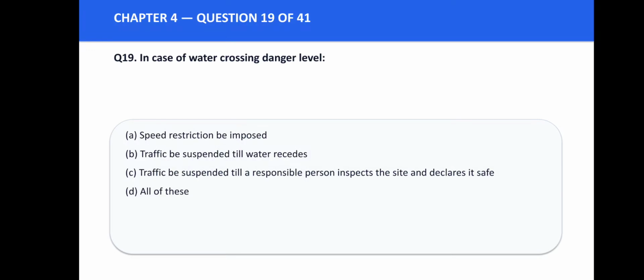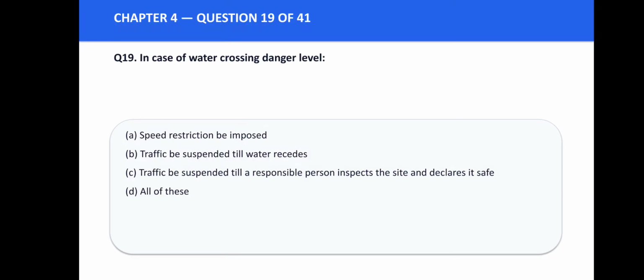Question 19. In case of water crossing danger level, what action should be taken? Option A. Speed restriction be imposed. Option B. Traffic be suspended till water recedes. Option C. Traffic be suspended till a responsible person inspects the site and declares it safe. Option D. All of these.